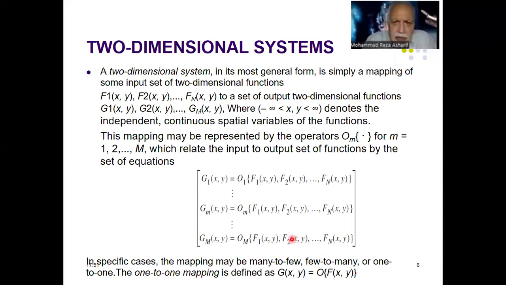In a two-dimensional system, we map the two-dimensional functions f1, f2, ..., fN to a set of output two-dimensional functions g1, g2, ..., gM. So N dimensional to M dimensional.